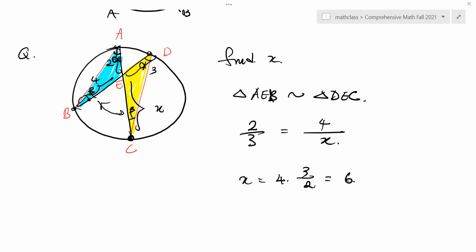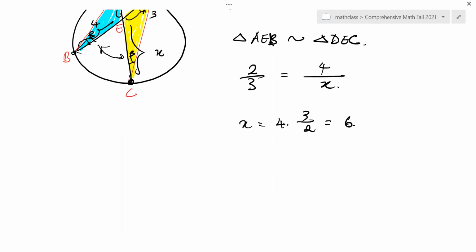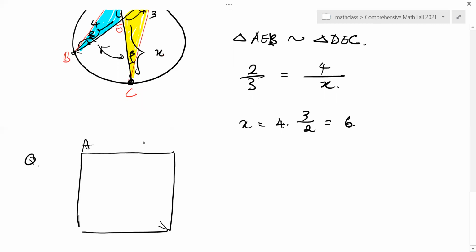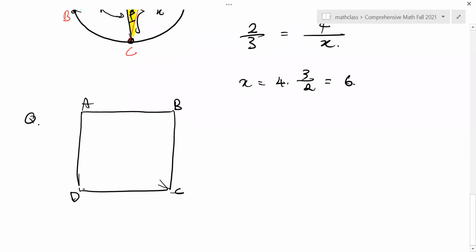Right. So the next problem I want to solve is as follows. I have a square. This is a square, A, B, C, D. A, B, C, D is a square.